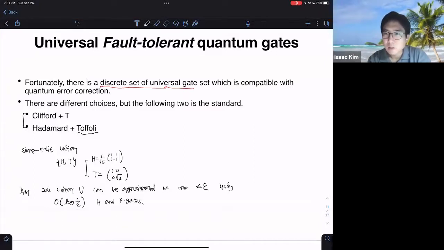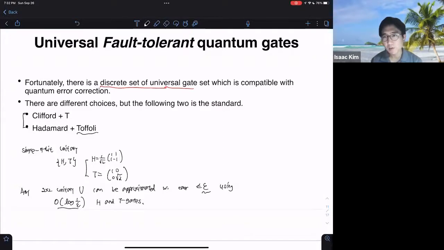However, it's not like you can exactly implement all the gates exactly in a finite sequence. But for all intents and purposes, we can make this approximation error very small, and the cost that you pay only grows logarithmically with epsilon. So it's a reasonable cost.